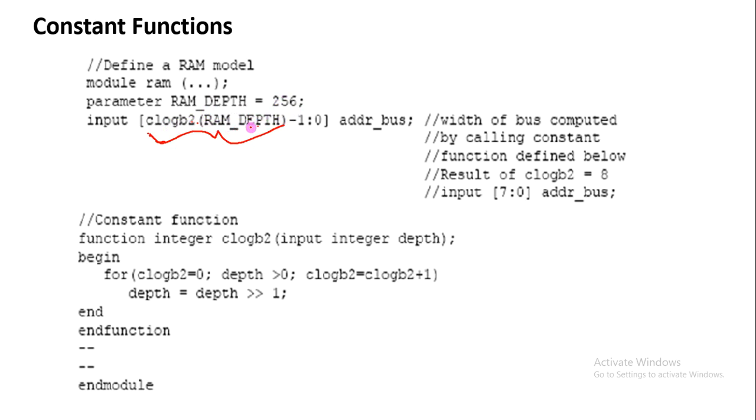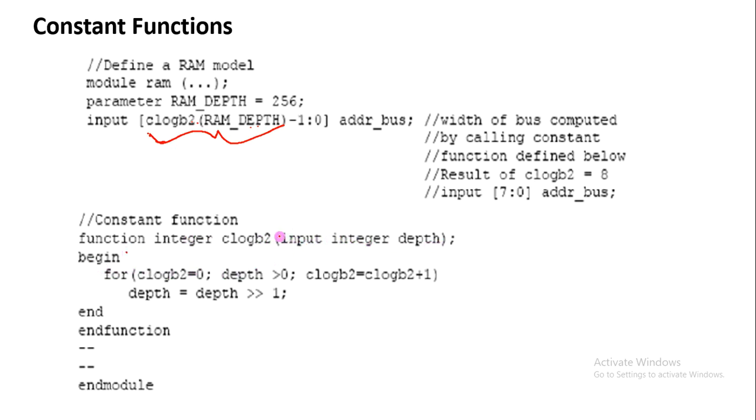Here it should be a constant, right? Some constant I want here, some input value I want to have here. That value gets computed by the function, so this will call this constant function. Function integer CLOGB. Integer is just a data type. We are declaring the input here, or else you can put a semicolon and write the input separately.